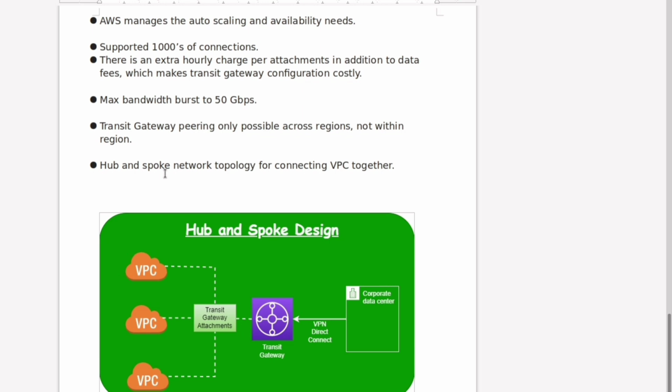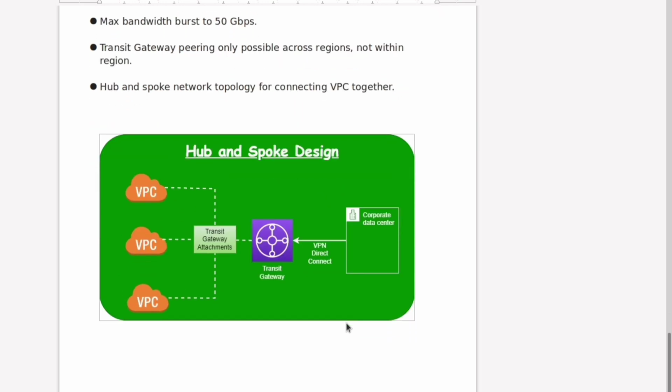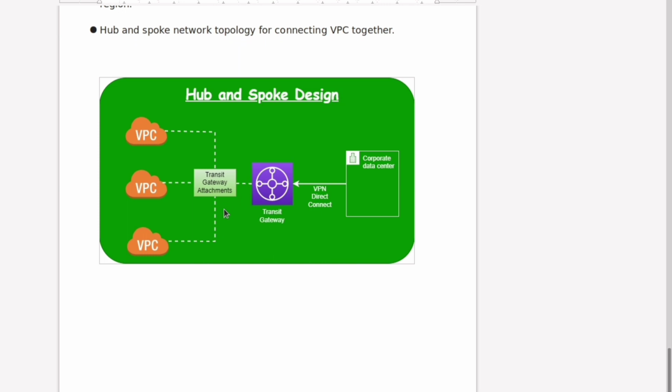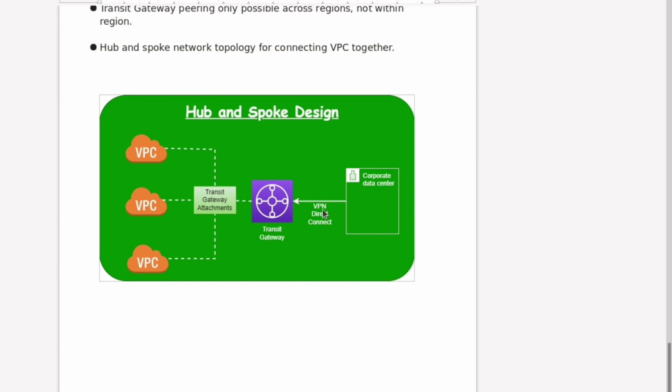As you can see in this picture, in the hub and spoke design there are three VPCs with a single transit gateway. You can attach your VPCs to the transit gateway, through which you can also reach your Direct Connect and the corporate data center. The transit gateway enables customers to connect thousands of VPCs.